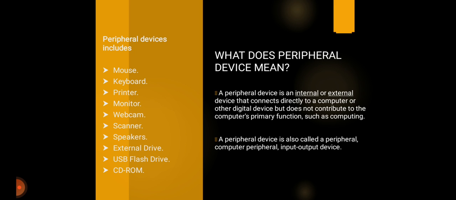A peripheral device is also called a peripheral, computer peripheral and input-output device. It is nothing but an auxiliary device. Also, it includes all hardware components. There are three types of peripheral devices. First one is input, second one is output, and third one is composite peripheral devices.